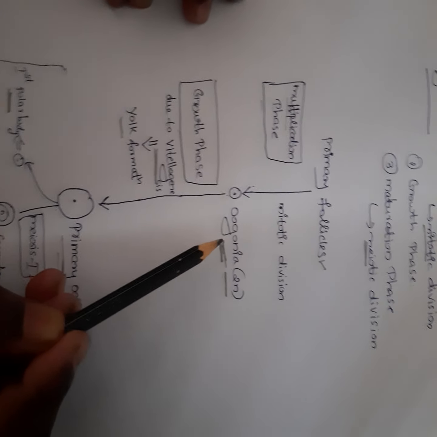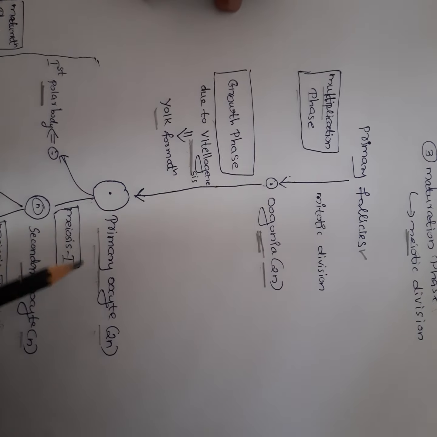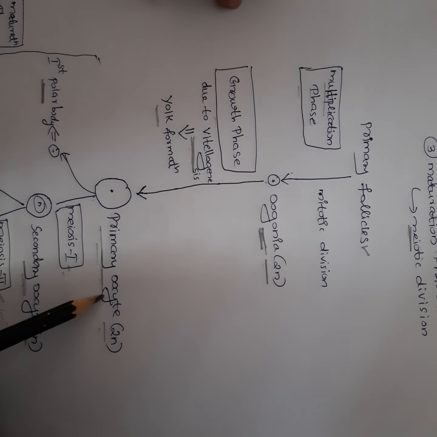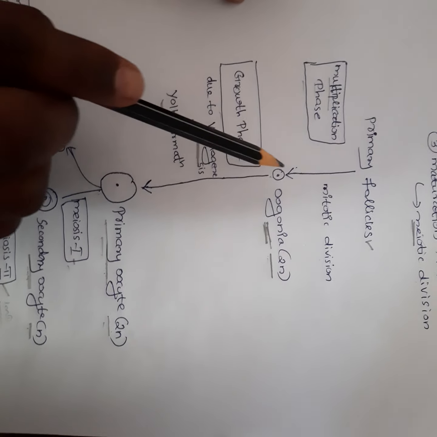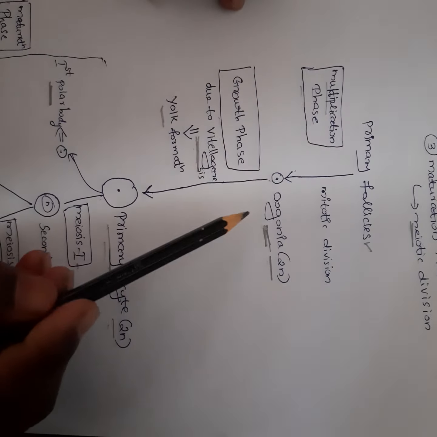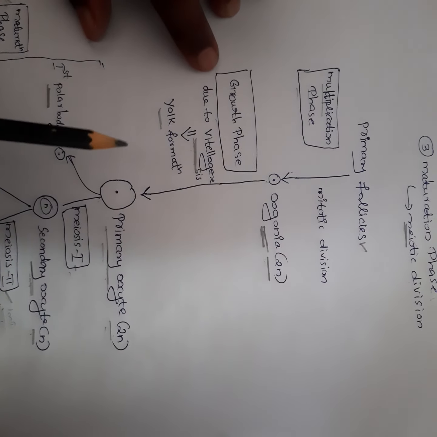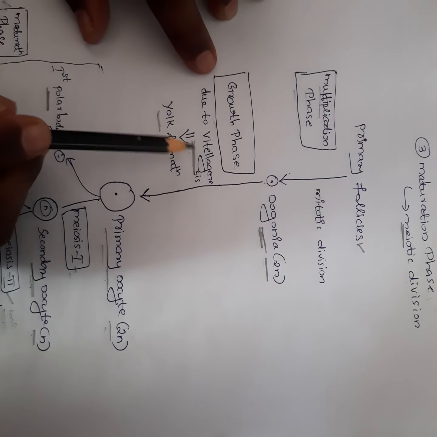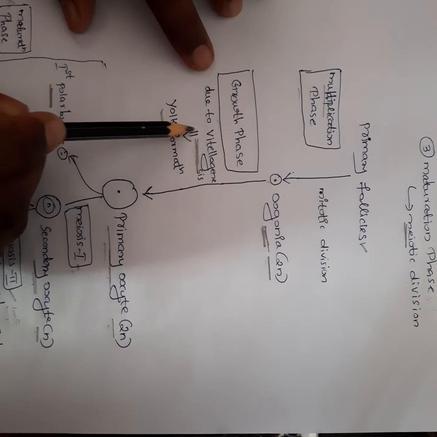This diploid oogonia will undergo the growth phase and form the primary oocyte, and the primary oocyte will be diploid. What is the difference between oogonia and primary oocyte? The size is increased, right? The size is increased due to a process called vitellogenesis. What is vitellogenesis? Yolk formation.